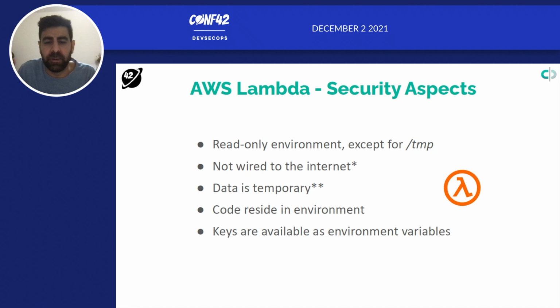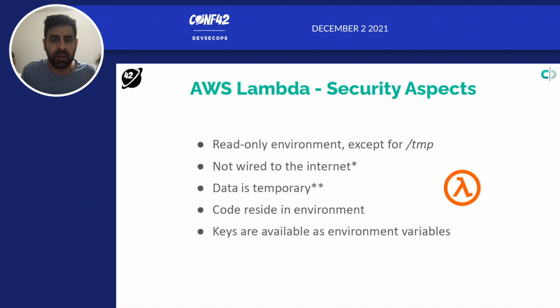The data is temporary, meaning that when the execution ends and your runtime dies, the data that was there is terminated, is deleted. That is true, but for performance reasons, the cloud provider, in this case AWS, recycles environments. So in order to save time spinning up new environments, if a request comes in or an event happens, it executes your code, then another one happens.